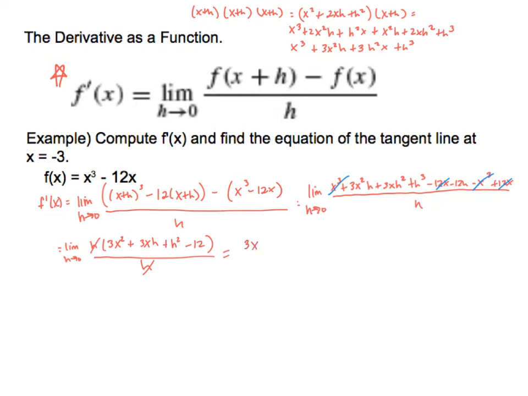So we have 3x squared. The 3xh term will go to 0. The h squared term will go to 0, and the minus 12 stays. So 3x squared minus 12. Okay. So that is the derivative as a function.